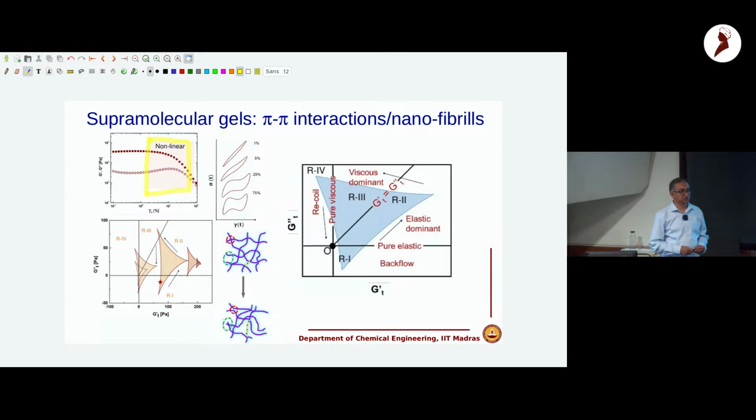But generally we would look at the third harmonic. Also, multiple measures you look at and then decide the linear regime. You could also plot the stress amplitude versus the strain amplitude and see where the deviation from linearity is. So you do multiple of those and then arrive at a number.